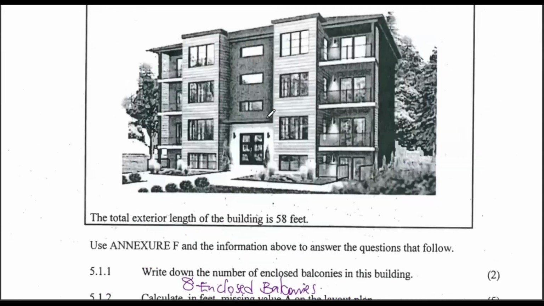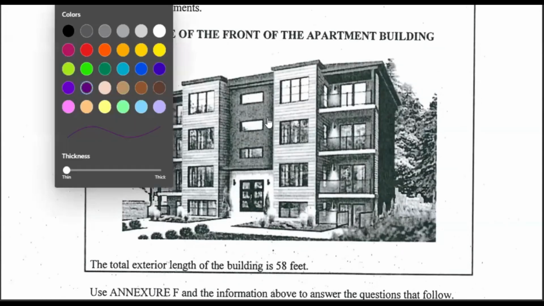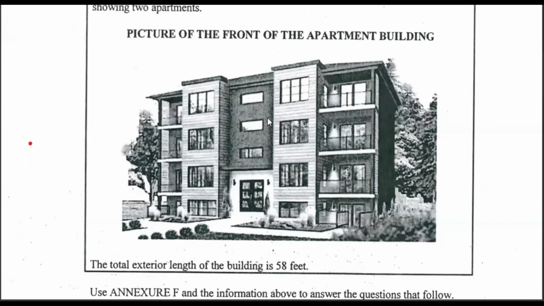Let's look at the image itself. When you look at this critically, we might have this side being apartment 1. This is 2. We have 3, then 4.